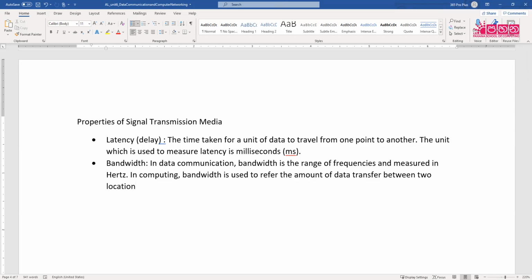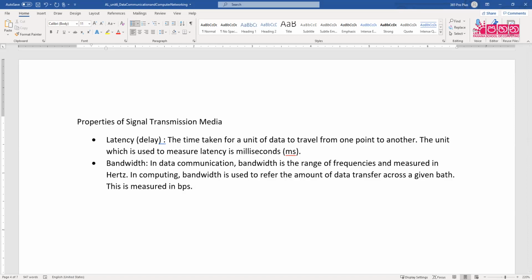So in computing, bandwidth is the amount of data transferred across a given path. This is measured in bits per second.